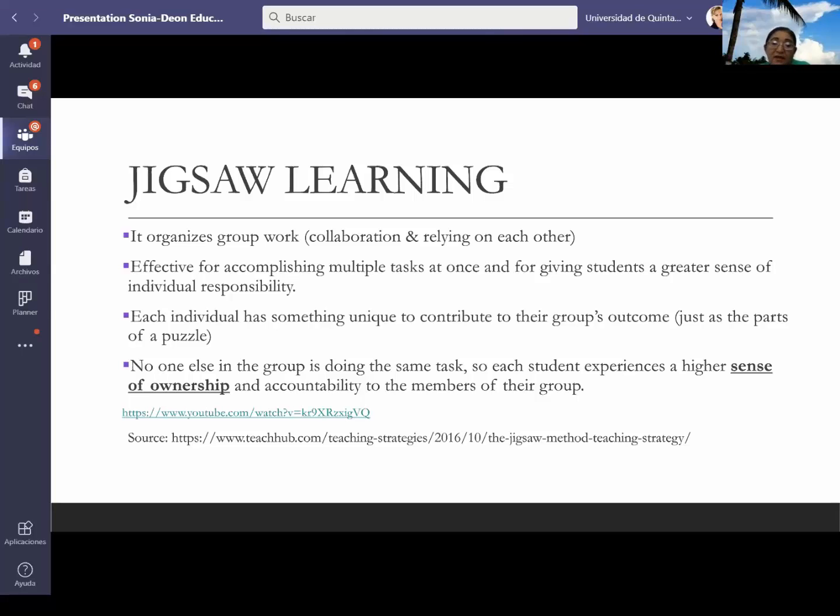They have to rely on their classmates, and the classmate has to be responsible enough because he has a job. He has something to do so that they can really contribute and have a successful outcome. That's the idea of this jigsaw learning.